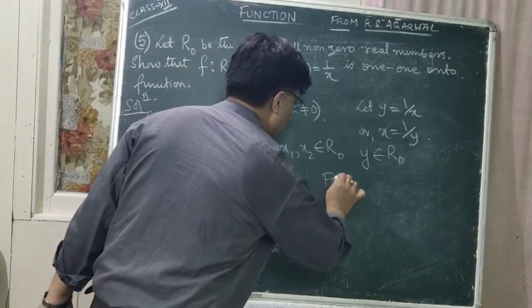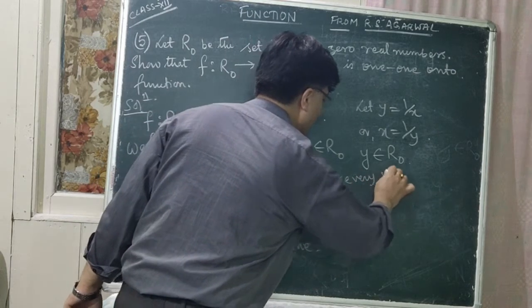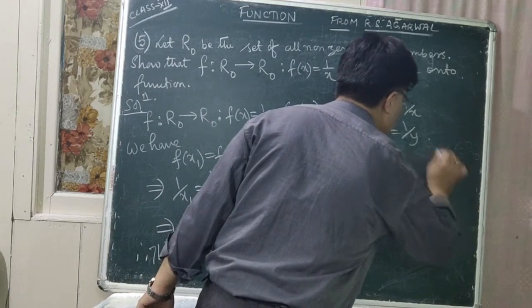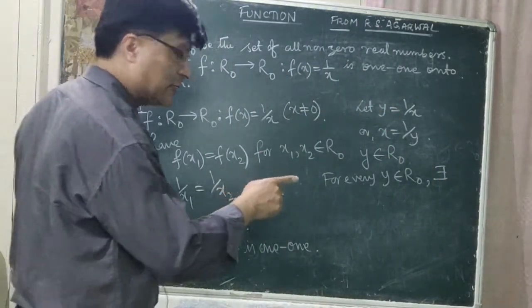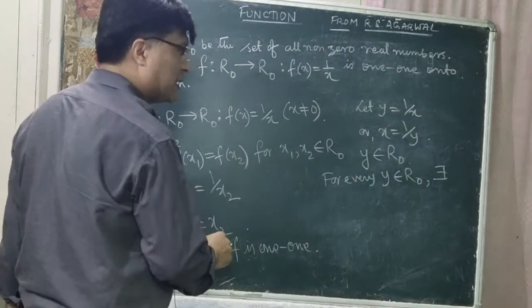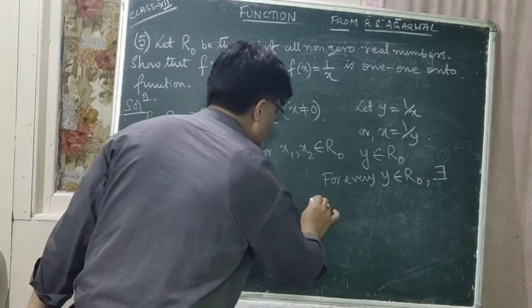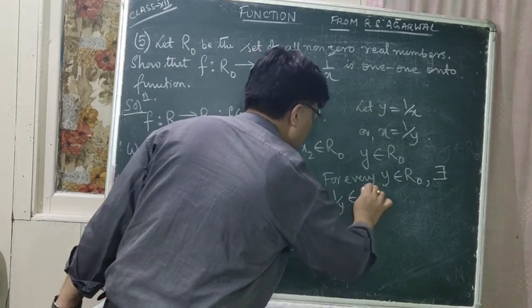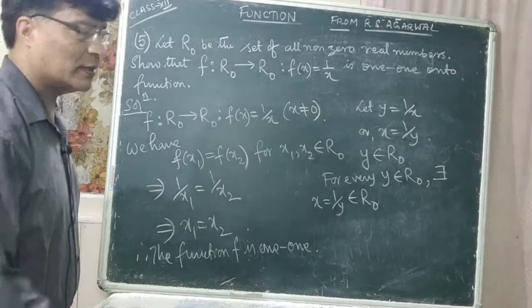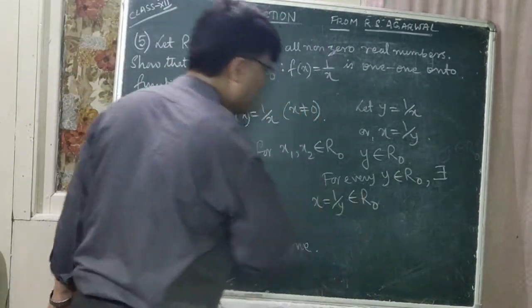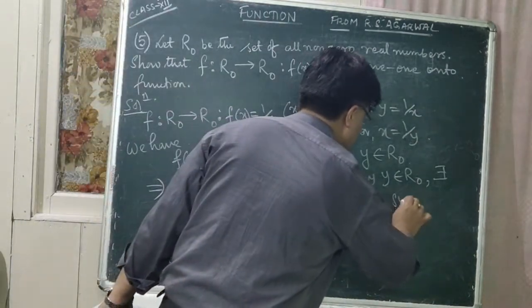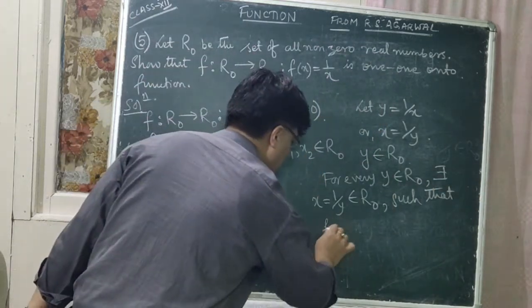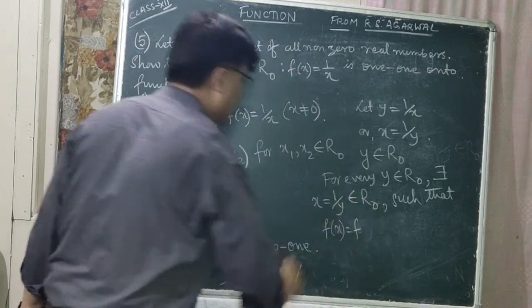Now for every y belongs to R0, there exists x is equal to 1 upon y belongs to R0 such that f of x is equal to y.